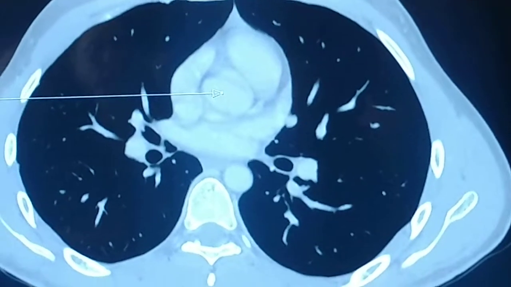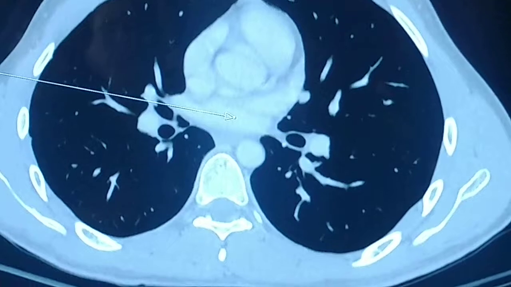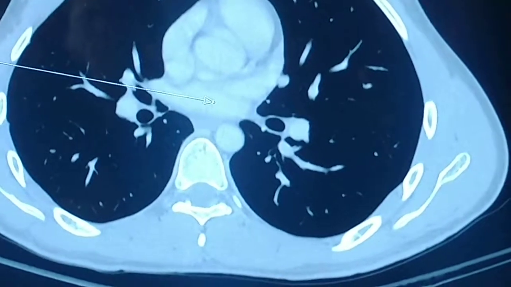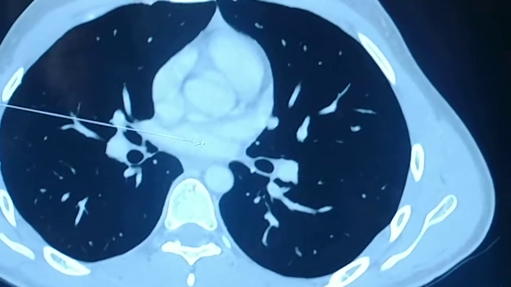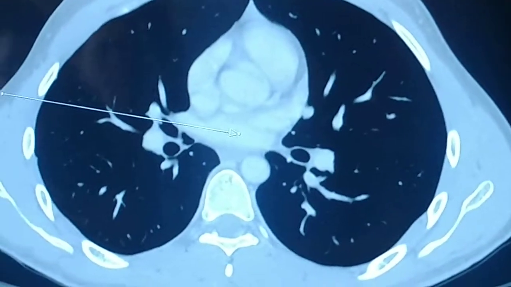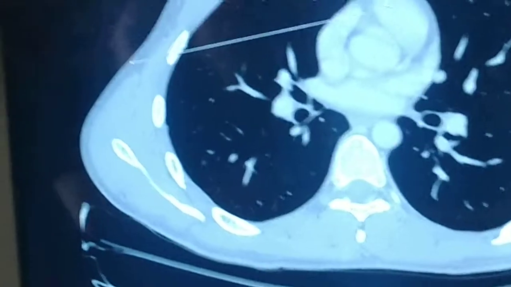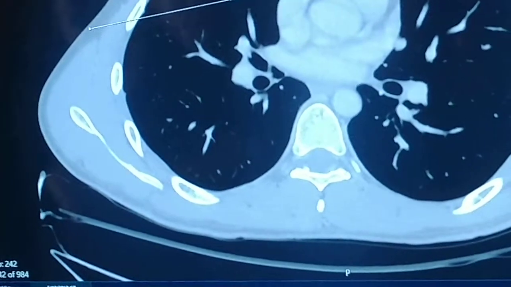All right, what about left atrium, right? Most posterior aspect of the heart is left atrium. Right there. Most anterior side of the heart is right ventricle.